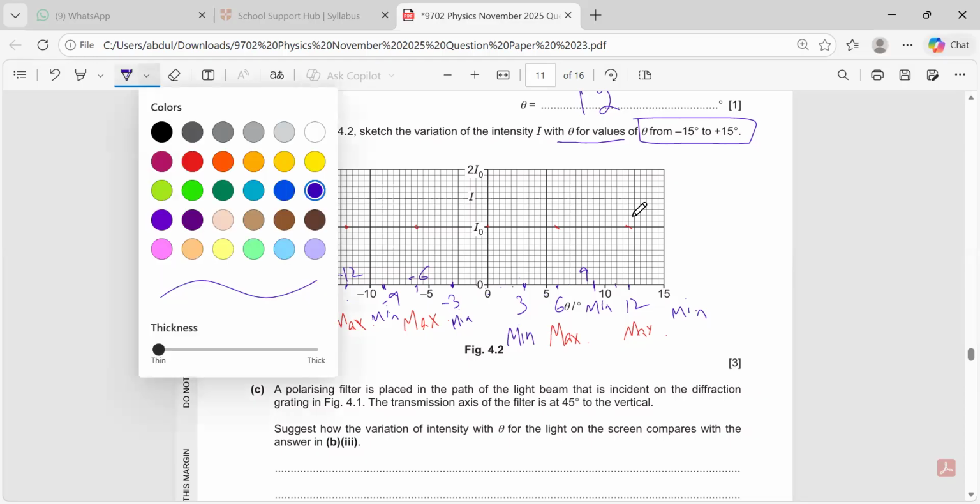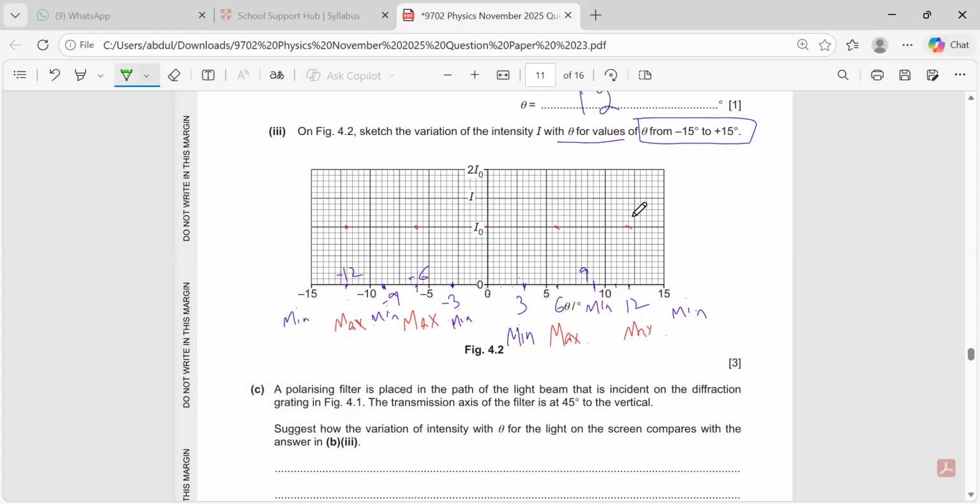At 0 maxima, and then here 3 minima, then 6. Please excuse me if it's not that good. You are professors, you people can draw it well yourself this way. This one side is complete.